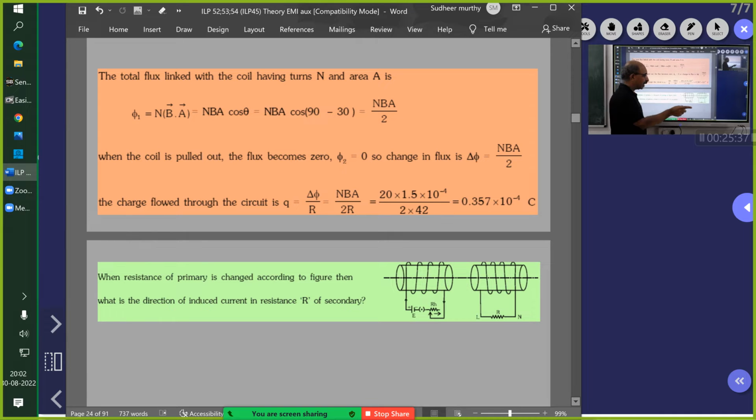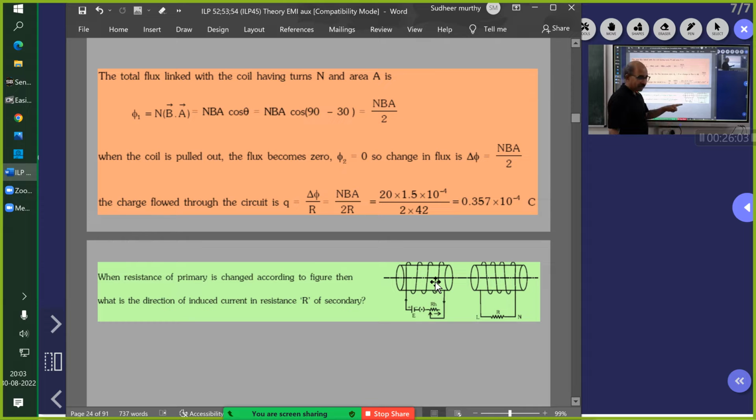That means now in the secondary, to maintain it, the current from this end should flow in anti-clockwise direction. Got it? The current should flow in anti-clockwise direction in the secondary. Then what happens if it flows in anti-clockwise direction? Then it will create a flux towards me, because in the primary the flux is reducing.